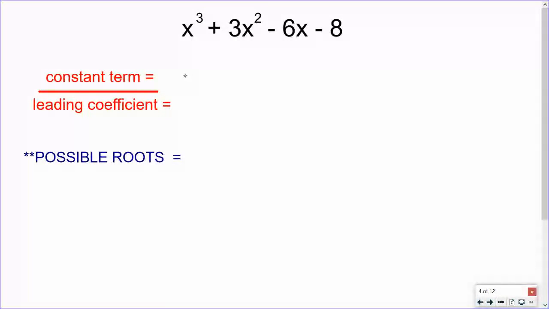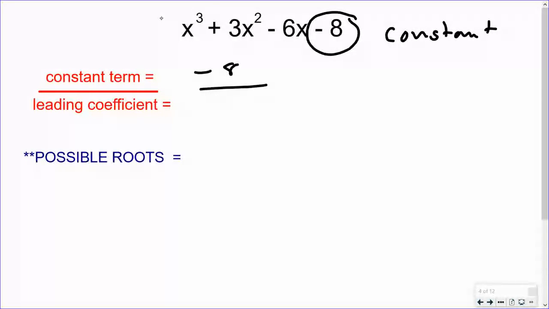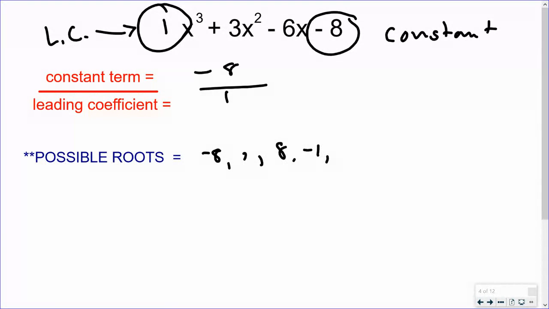The constant term is this one right here, so that's negative 8. Our leading coefficient this time is 1. So we need all the factors of 8 and all the factors of 1. The factors of negative 8 are negative 8 times 1, 8 times negative 1, 4 times negative 2, and negative 4 times 2.